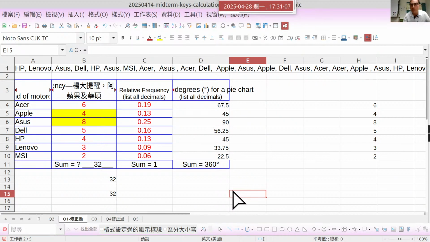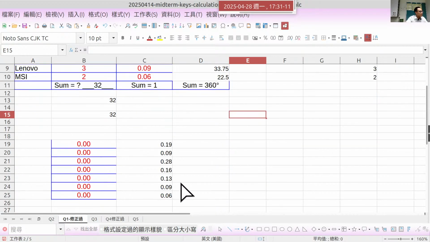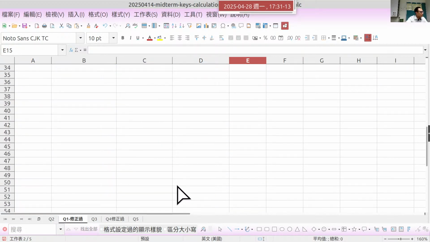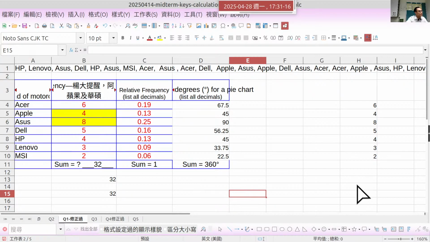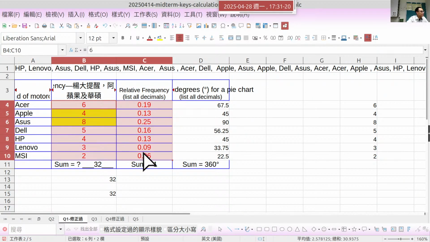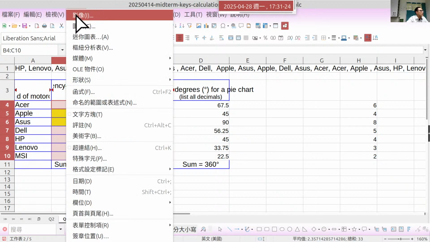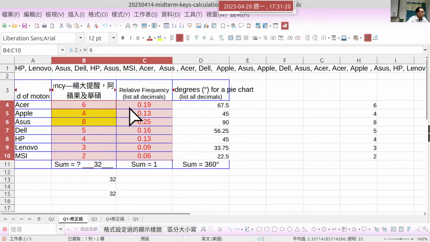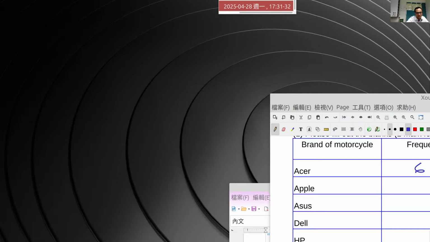I use LibreOffice. You can use Google Office. Either one is okay. I can select the range here. Select the range and insert. Oh, sorry. Okay. So that is not in English.